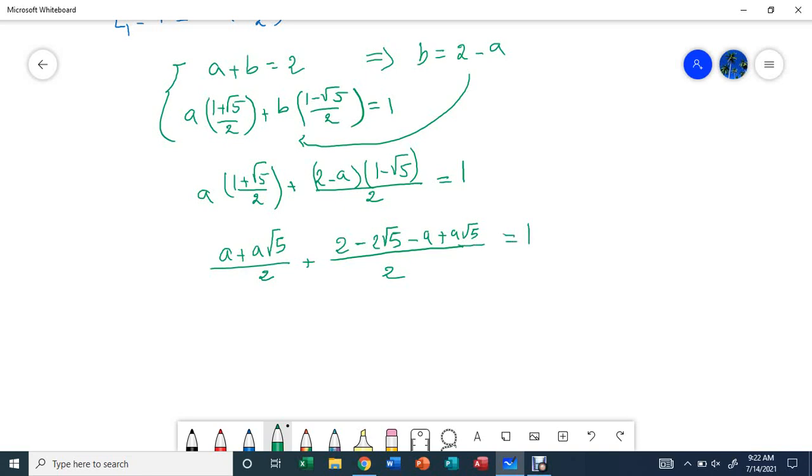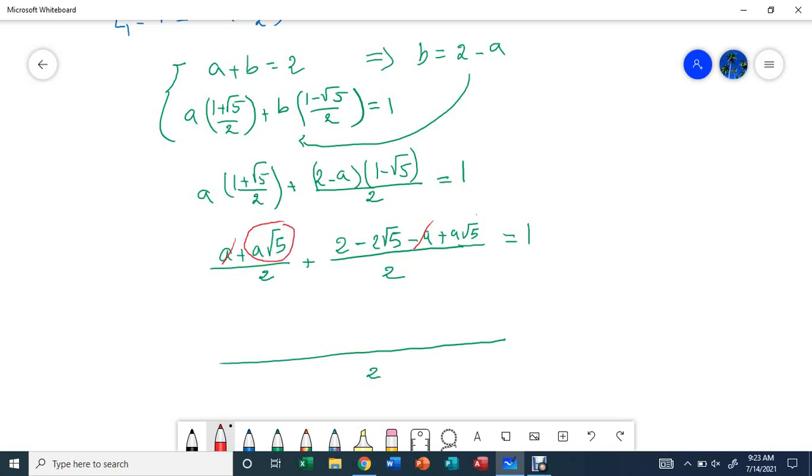Now I have a common denominator, which is 2, so I can add everything on the top. A and negative A cancel each other. I have A square root of 5 and A square root of 5, that means 2A square root of 5.